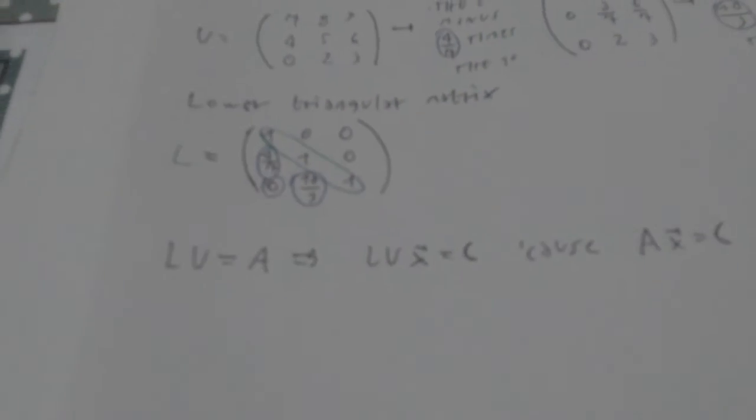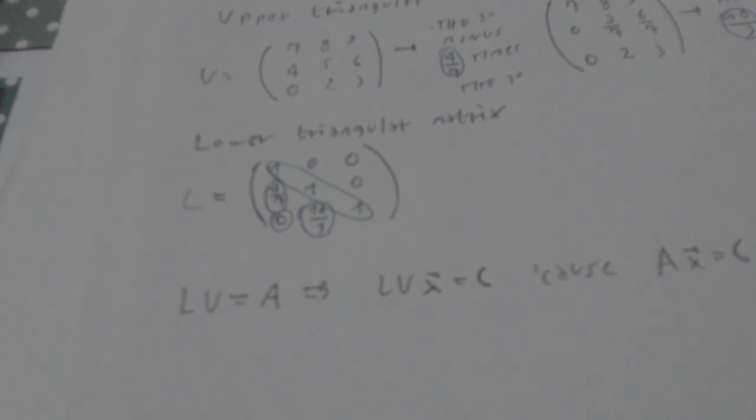So right now we're going to put Ly equals C. So we're going to use L and a newly created vector, which is y.